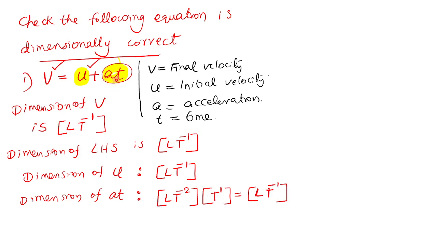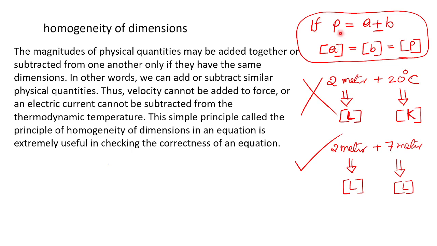So remember, if there is product, you have to consider it as a single term. It is very important. Dimension of each term you have to write. When plus or minus is involved, each term must have the same dimension. Why? Reason is this.